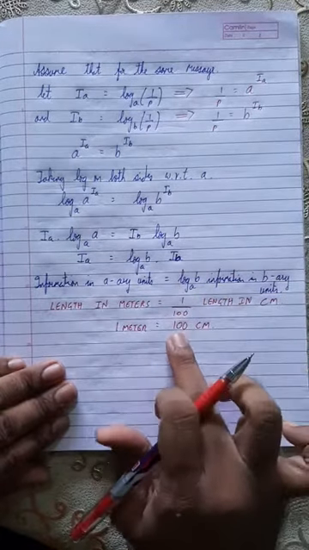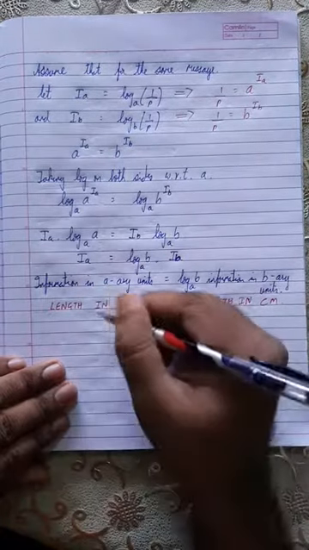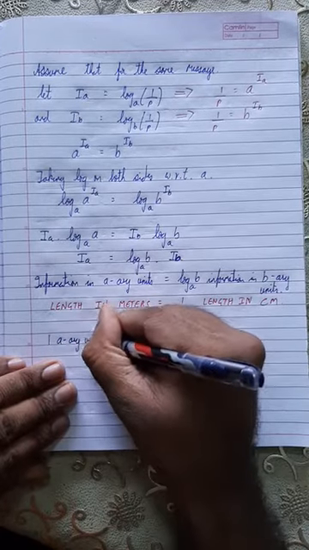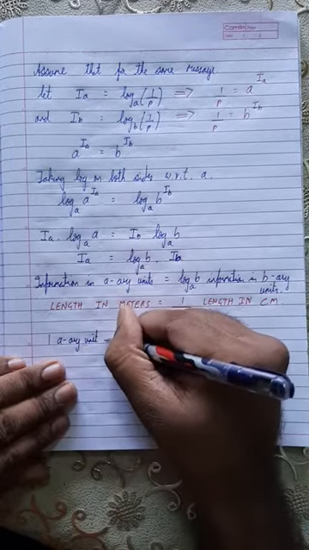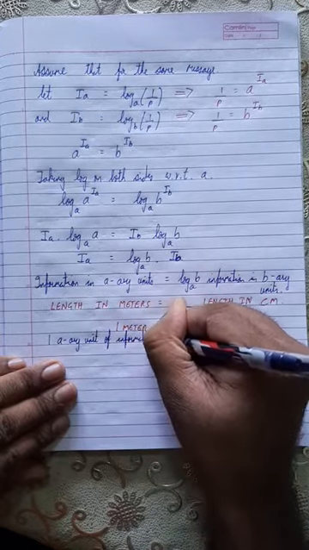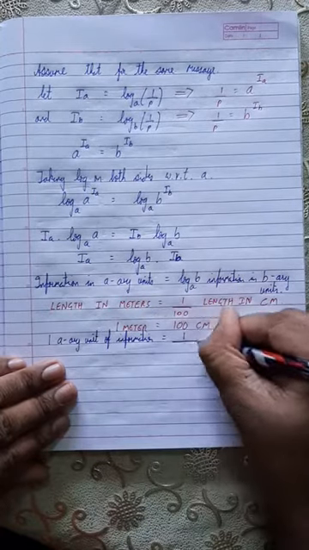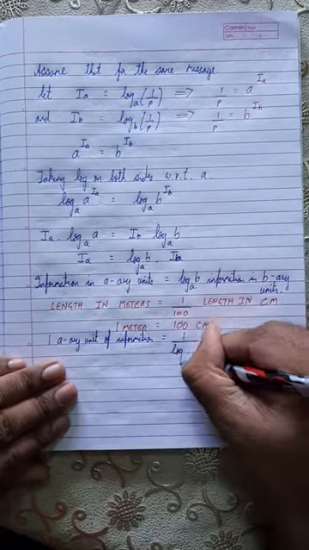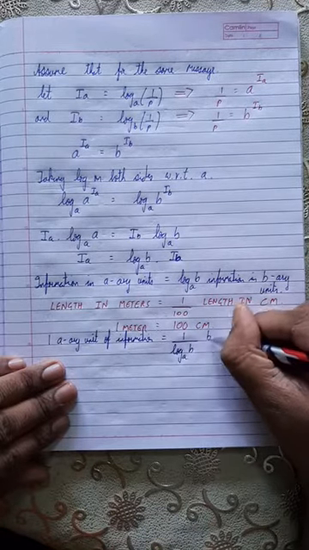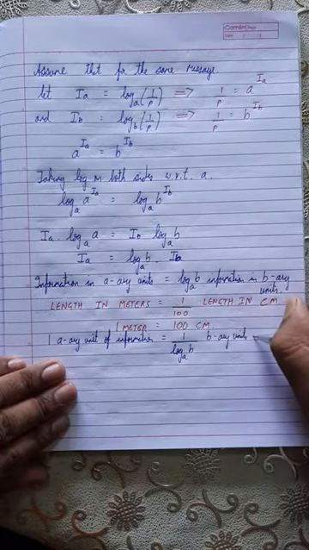In the same way, 1 A-ary unit of information is equal to 1 by log b to the base a B-ary units of information.